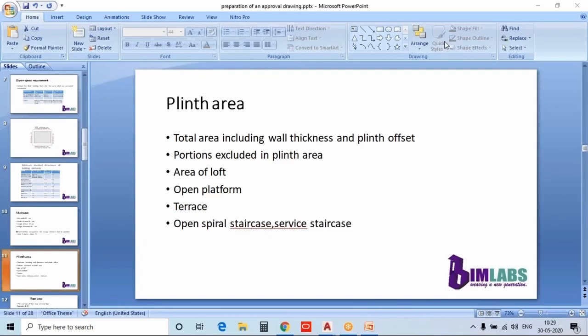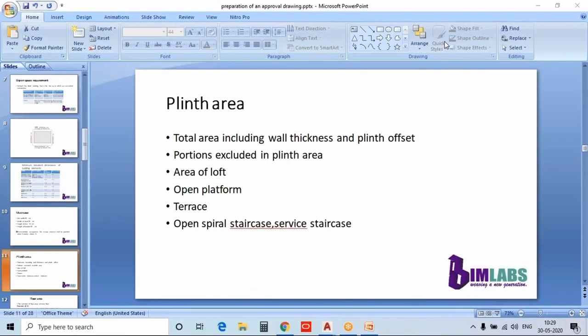Plinth area is the area at the ground floor, and you have to calculate that area including the wall thickness. You can exclude these portions from the plinth area: the area of loft, open platforms, terrace, open spiral staircase, and service staircase. We know that depending on this area, we have to pay some tax.